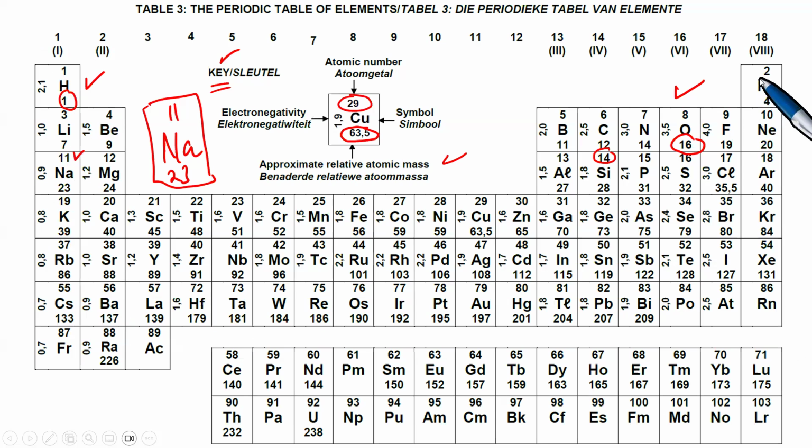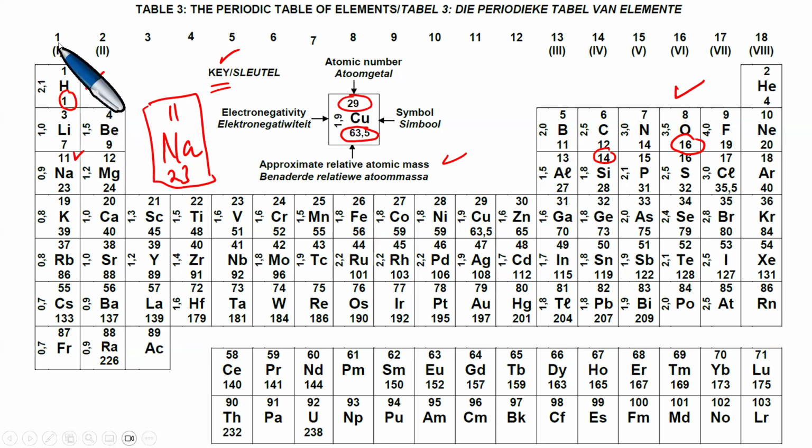The halogens, fluorine, chlorine, bromine, iodine, and astatine, sit in group 7 of the periodic table. In group 6, you have oxygen, sulfur, selenium, and so on. In group 5 you have nitrogen, phosphorus, and so on.